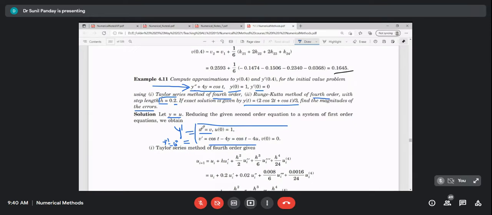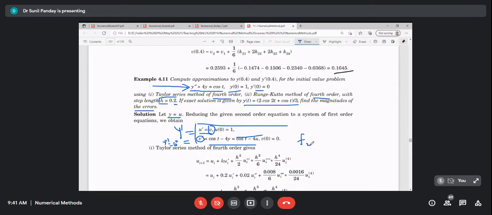First is du over dx equals v. So this is your f1 of x, u, v, and then this is your v dash. For this v dash, we have taken the 4y to the right, so cos t minus 4y, and then y equals u, so you will have cos t minus 4u, and this cos t minus 4u becomes your f2.